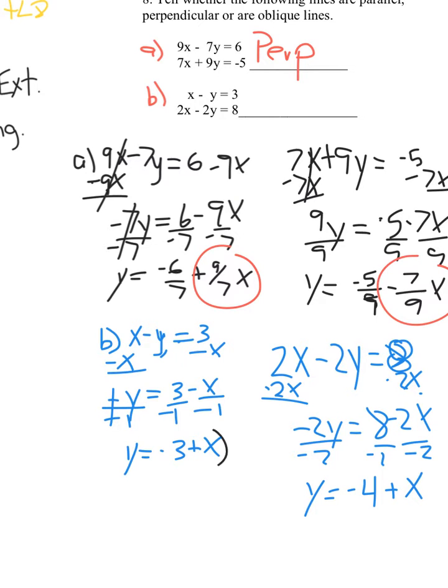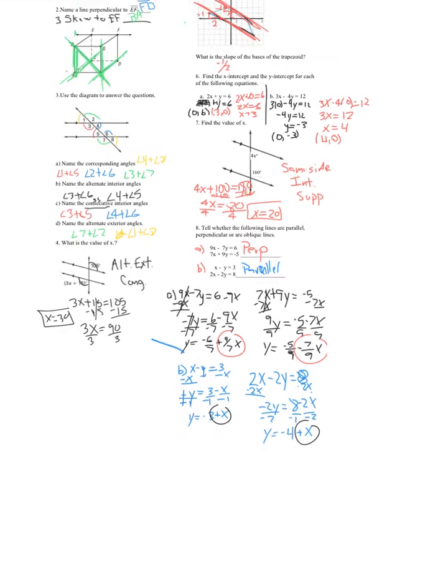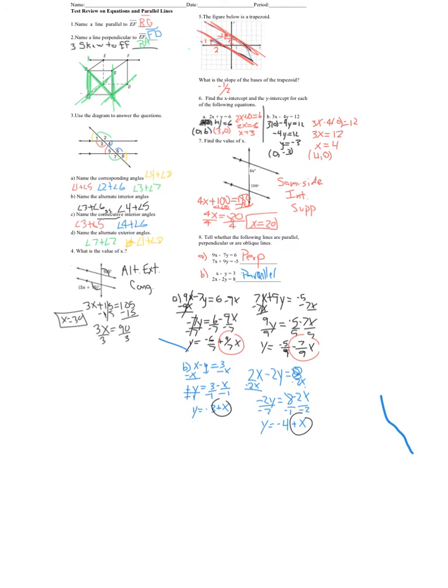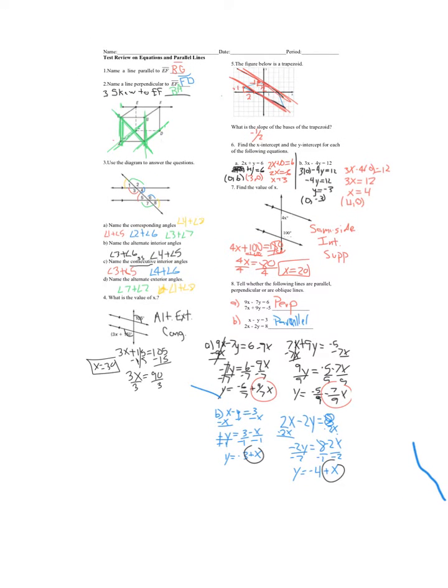So you have a plus x there, plus x there. Those are the exact same thing. These are parallel. Okay? So that's the first page. It takes a little bit of work here because we're doing a lot of algebra and equation stuff, but not too bad. Right there, if we kind of zoom out, you kind of see the whole page. All right, so we'll move on to page 2.